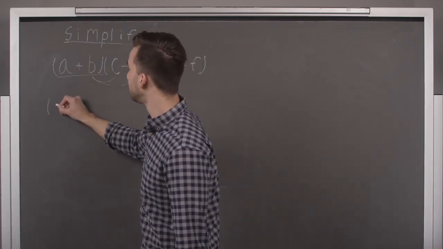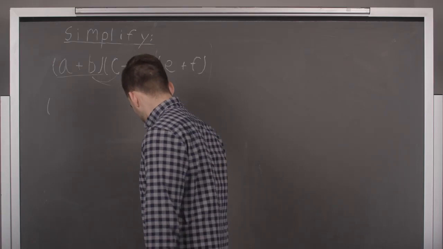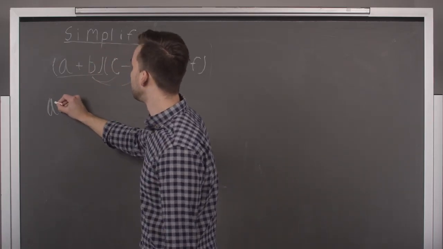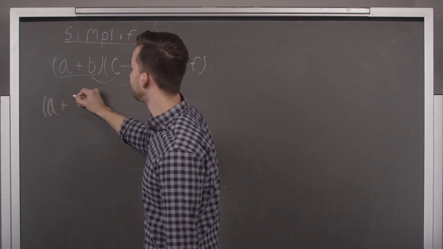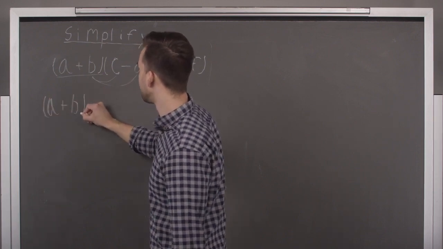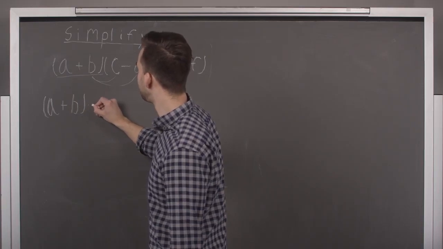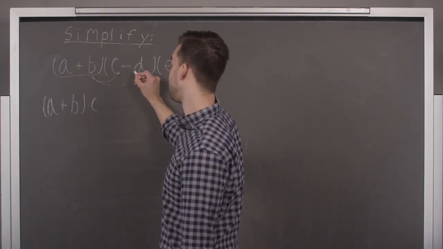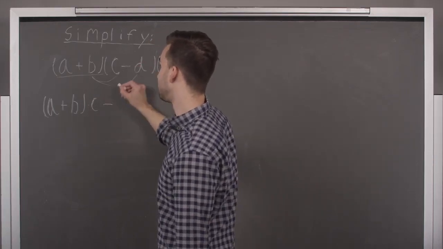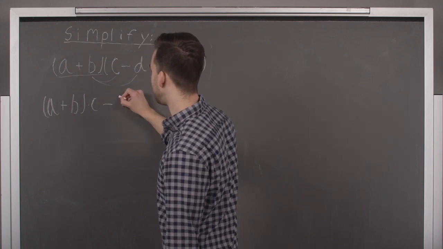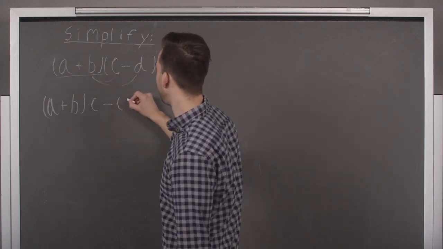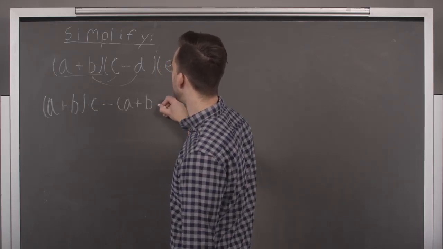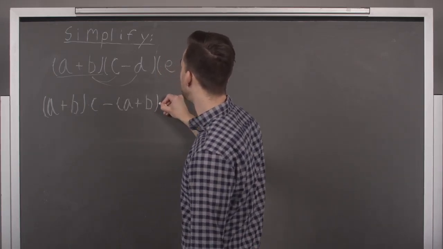So, a times a plus b times c, and then minus, because there's a minus, our outside element a plus b times d.